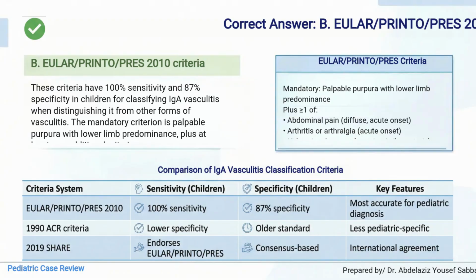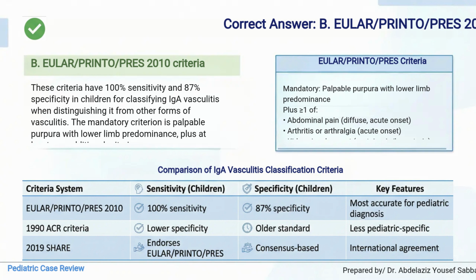The 2010 European League Against Rheumatism, Pediatric Rheumatology International Trials Organization, and Pediatric Rheumatology European Society criteria. These criteria have 100% sensitivity and 87% specificity in children for classifying immunoglobulin A vasculitis when distinguishing it from other forms of vasculitis. The criteria require one mandatory feature plus at least one additional criterion.